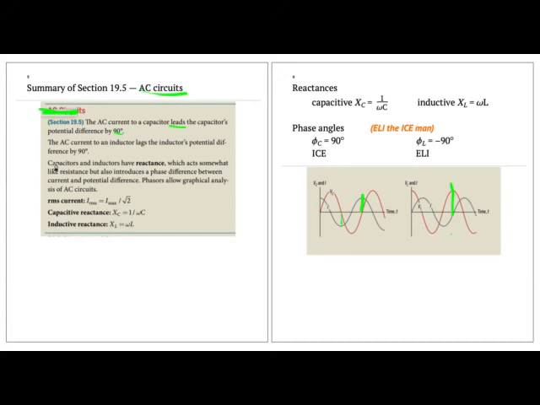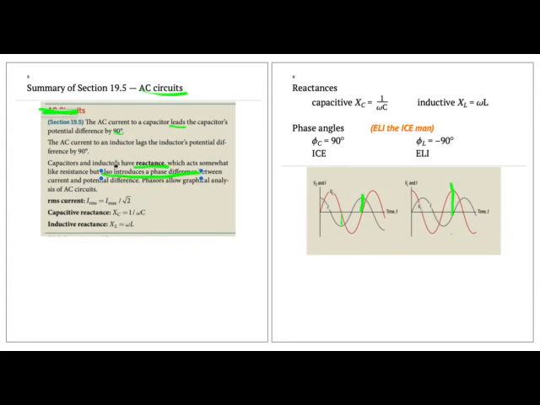Now, to be more quantitative, capacitors and inductors have quantities called reactance, which is sort of like resistance, but it also depends on the frequency. Capacitors and inductors also have a phase difference, but let's think about the reactance.